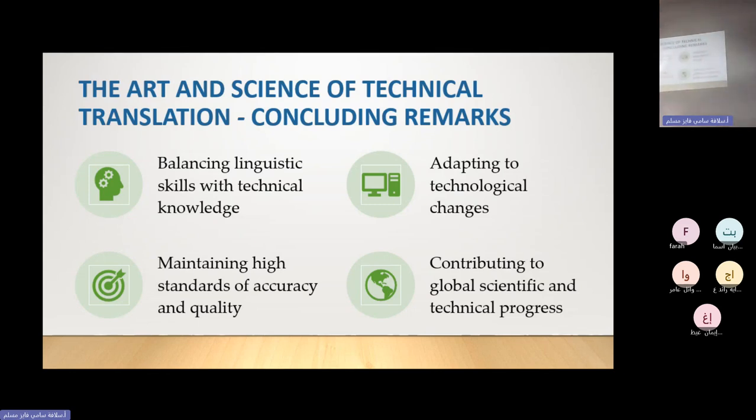Contributing to global scientific and technical progress through my translations, especially if I'm translating new, state of the art things, I can contribute with my translation to this world. Okay? So these are the most important points in your Unit 1 for the introduction.